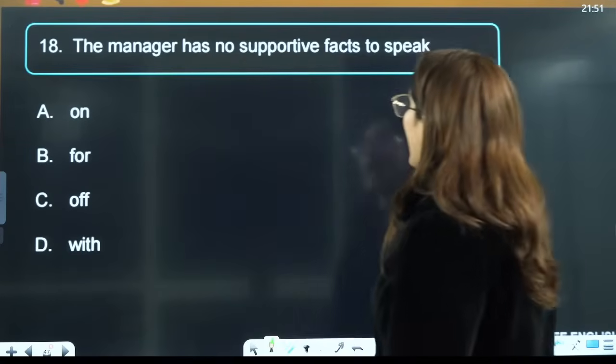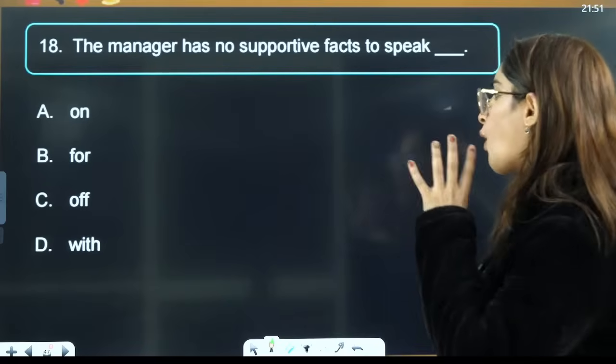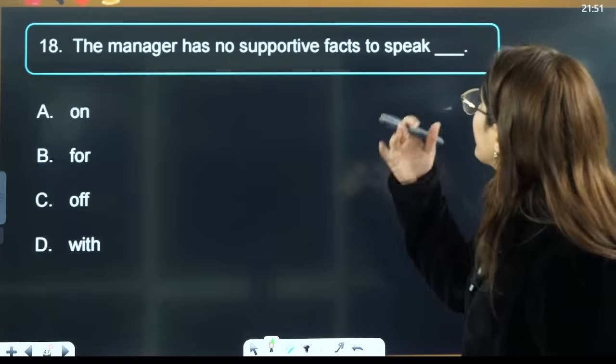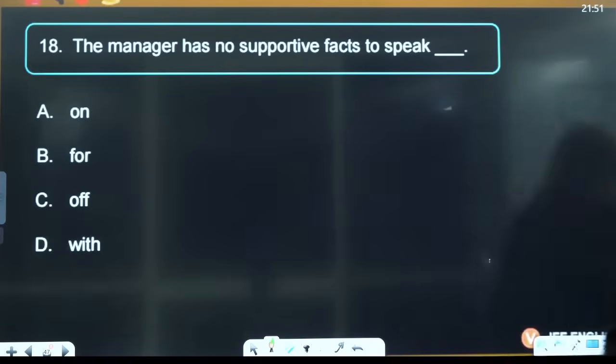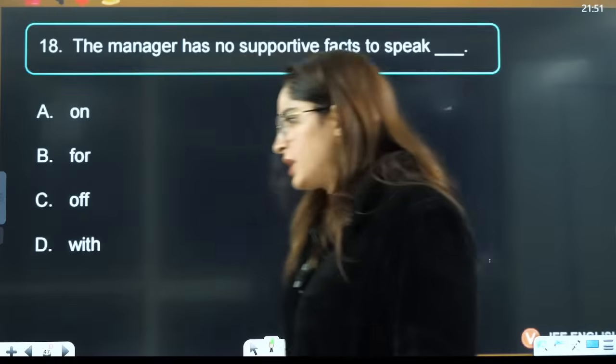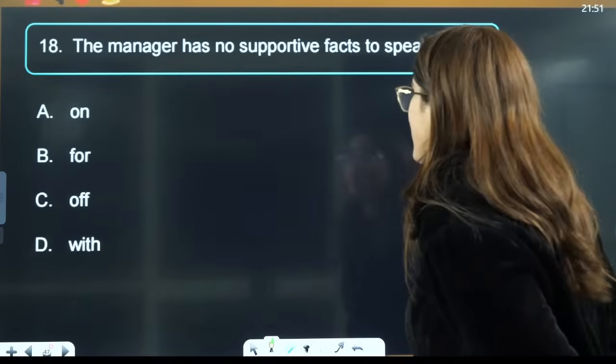Then: the manager has no supportive facts to speak for, of, with, on. What sense is this making? Speak for yourself. You might say the manager has no supportive facts to speak on.